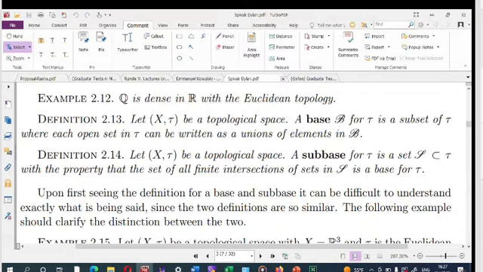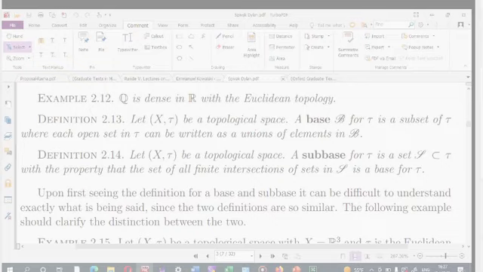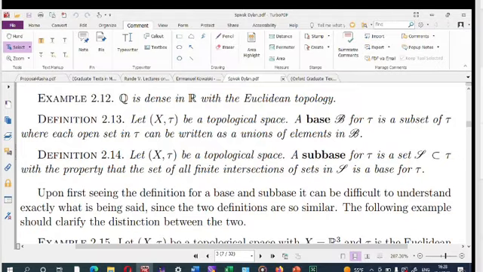A base such as beta for tau is a subset of tau where each open set is a union of elements of beta. For a topological space X and tau, a subbase for tau is a set such as F with the property that the set of all finite intersections of sets in F is a base for tau.